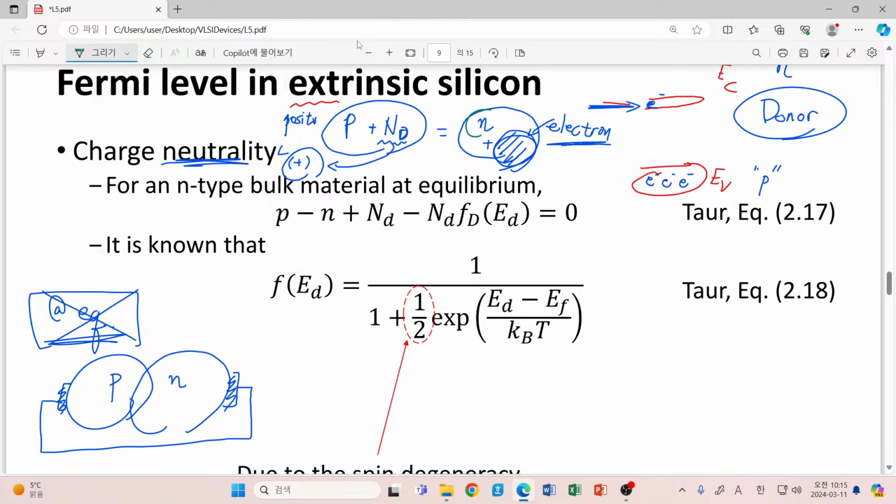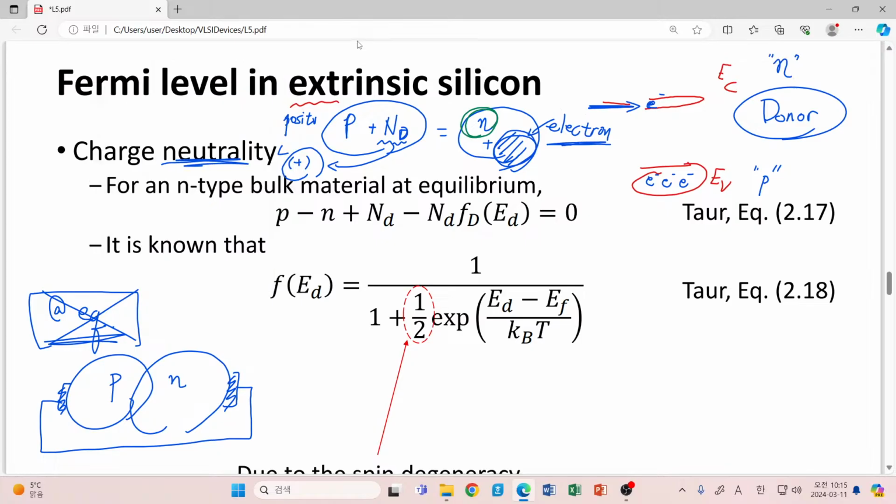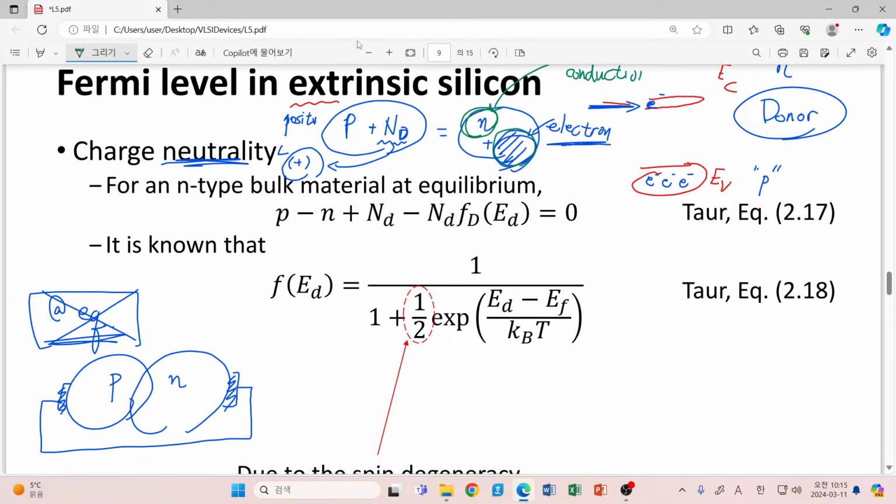Here we have an electron and another electron, but this electron is the usual electron occupying the state in the conduction band. This is the normal electron when we say electron and electron and electron.